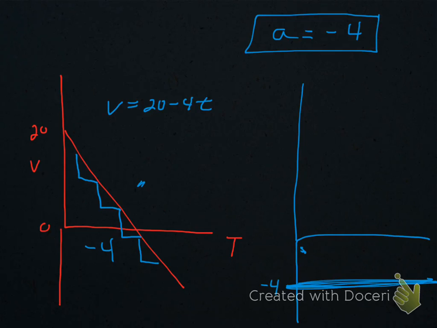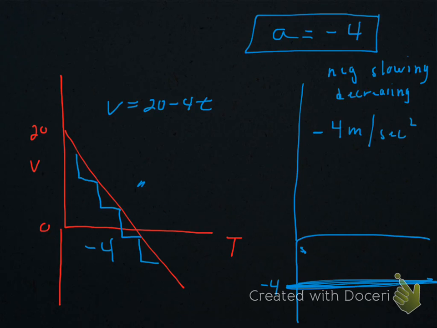Now, acceleration, when it's negative like this, simply means that you're slowing down, that your speed is decreasing. So in this graph, this bird that is flying through the air is decelerating at negative 4, in meters per second or whatever, and with acceleration it's square units of time, so meters per second squared.